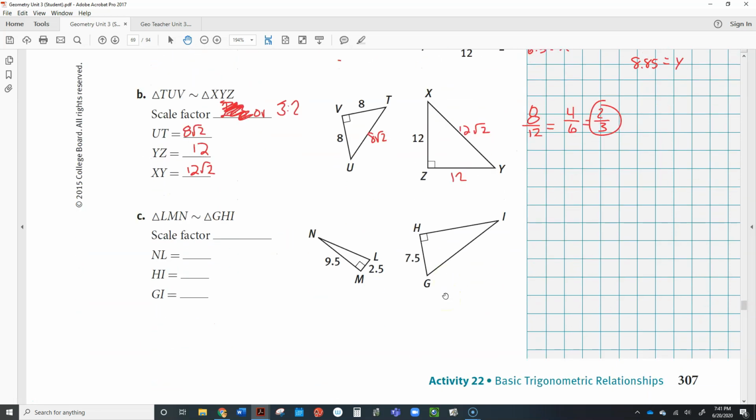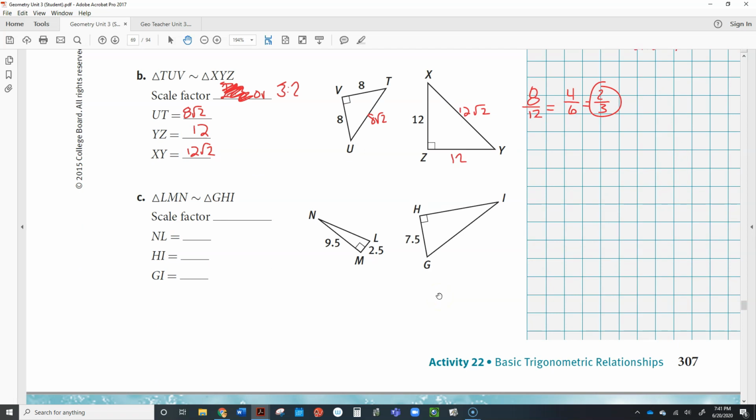And then this one down here, the last one, we've got the scale factor. We need corresponding parts. It looks like LM is going to correspond with GH. So there's the way I'm going to get my scale factor.